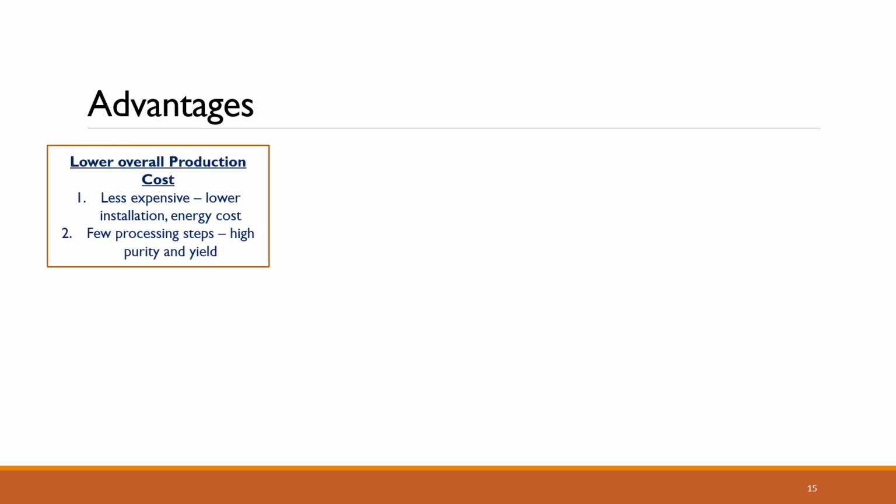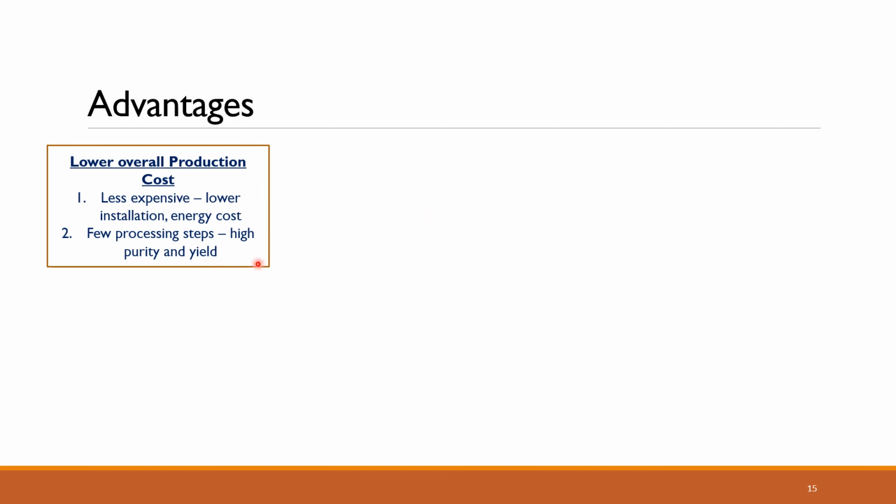Advantages of using membrane filtration processes. The first advantage is the overall cost or expenditure for this technology is very less, because you have lower installation and energy costs. You do not require a high amount of energy expenditure for the membrane filtration processes.